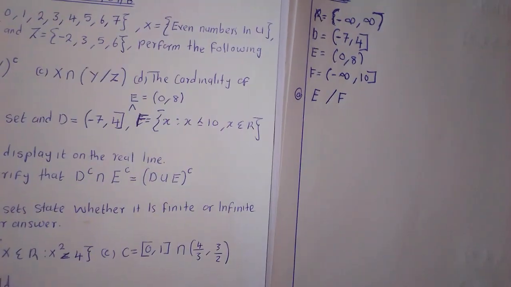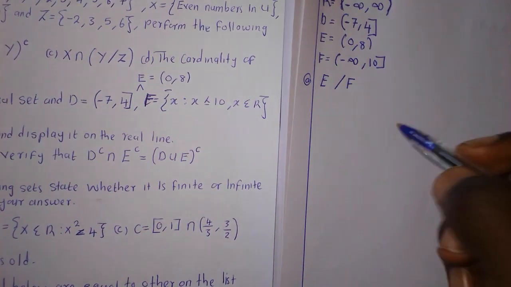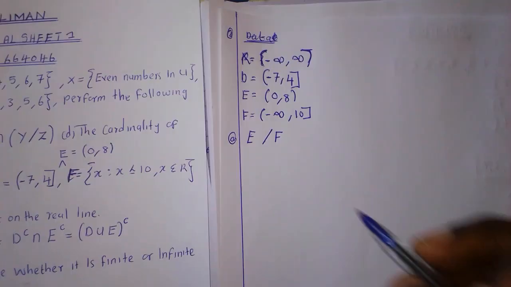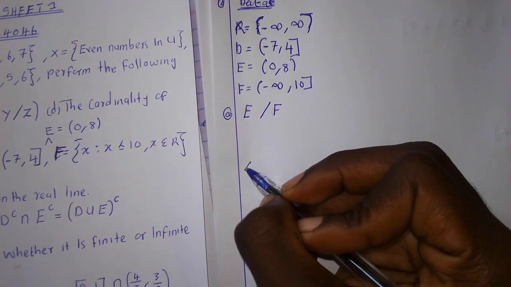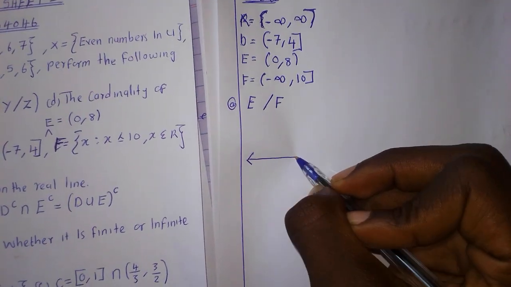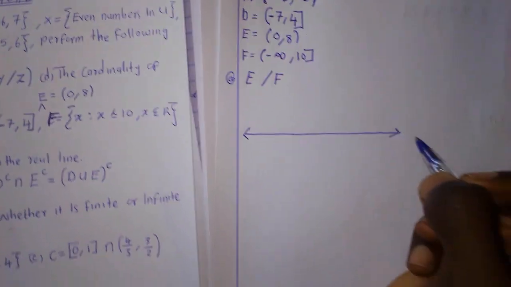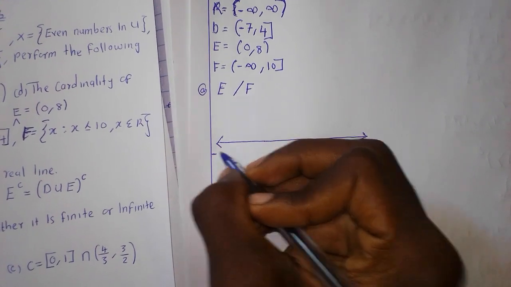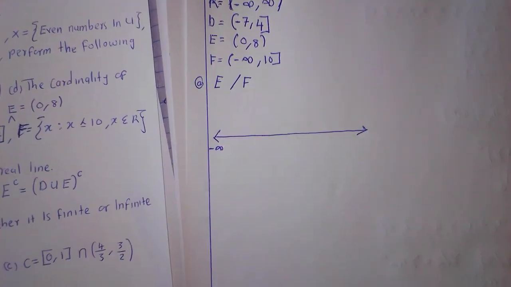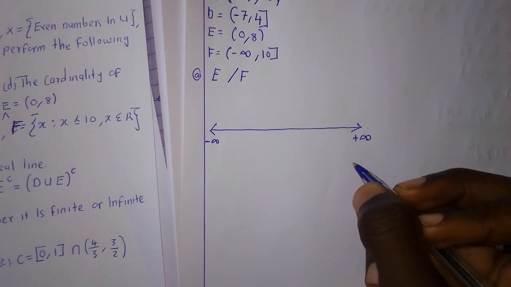Now, the best way to solve this question is simply to draw a real line. How do we draw a real line? We are first of all going to draw a line of this kind, like this. Okay. Now, I know that this line is simply coming from some point where we have -infinity, and it's going to some point where we're going to have a positive infinity.